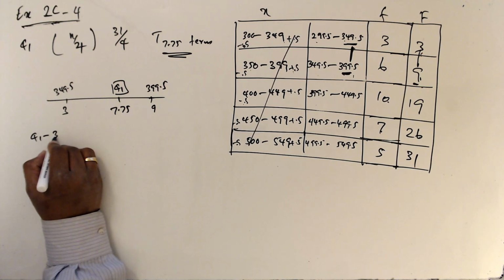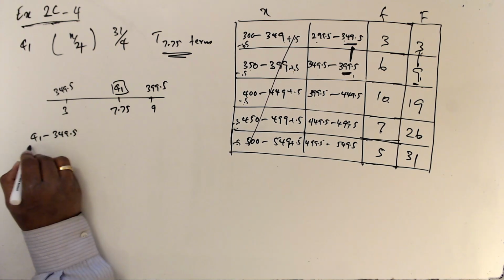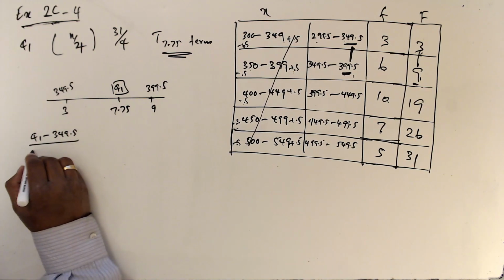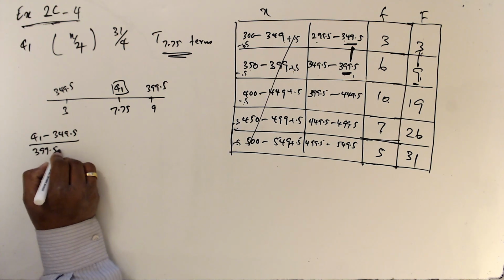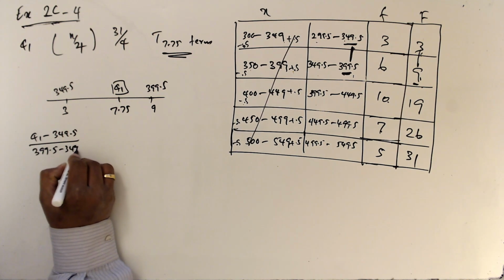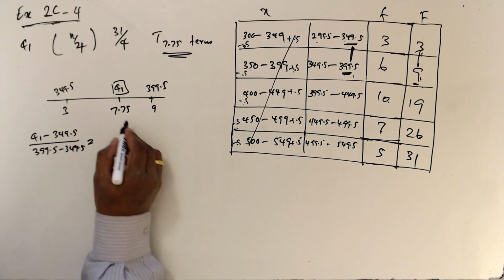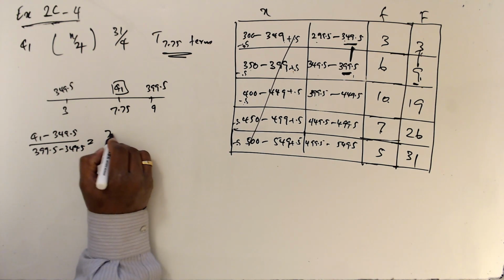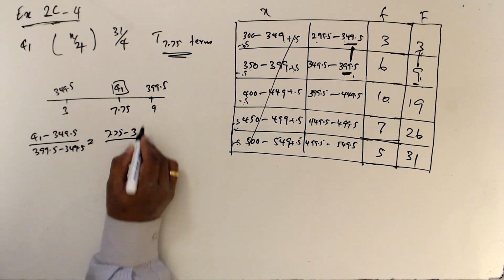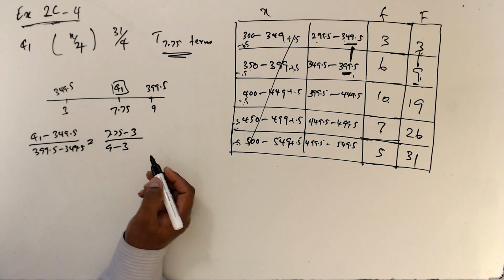Q1 minus 349.5 divided by 399.5 minus 349.5 equals, now we come to this side, 7.75 minus 3 over 9 minus 3.